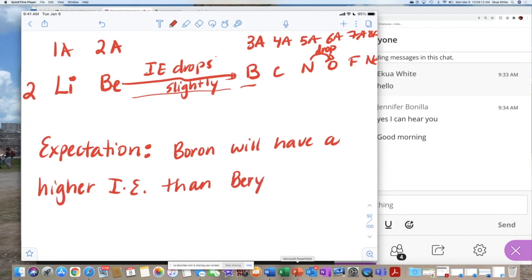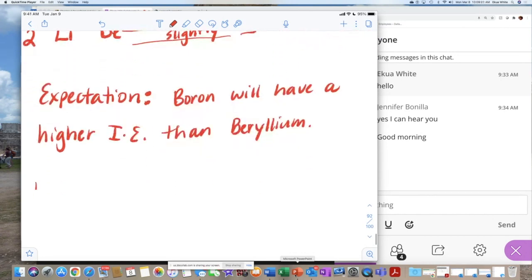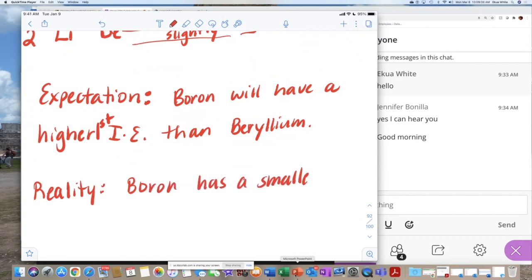Ooh, let me write it like this. Beryllium. Okay? Expectation. Well, reality, and oh, I mean the first ionization energy, boron has a smaller first ionization energy than beryllium.